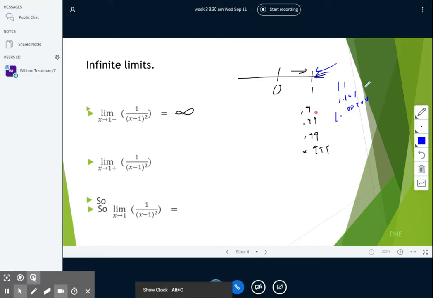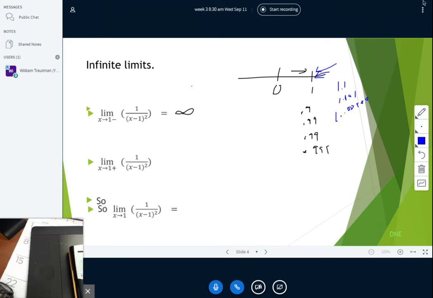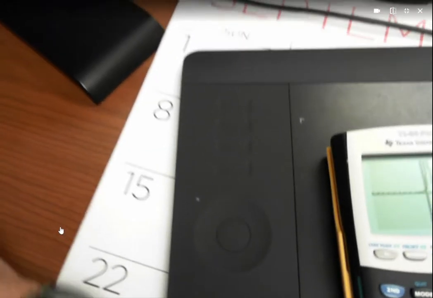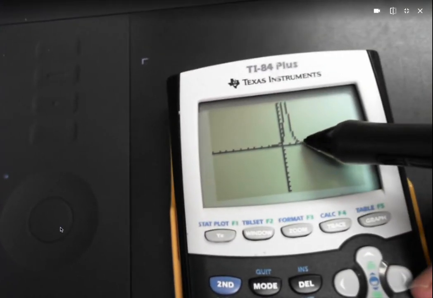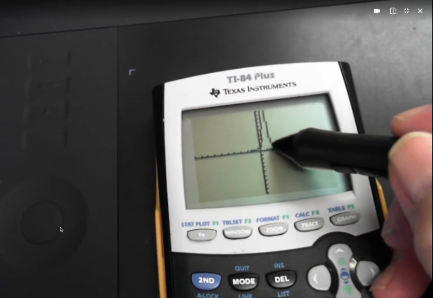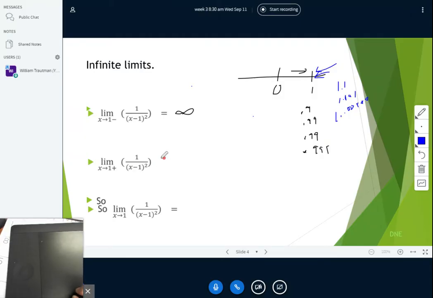All right, so if you notice as I approach it from the right and I'm moving towards 1, here's 1, it goes up to infinity also. The graph goes up to infinity.